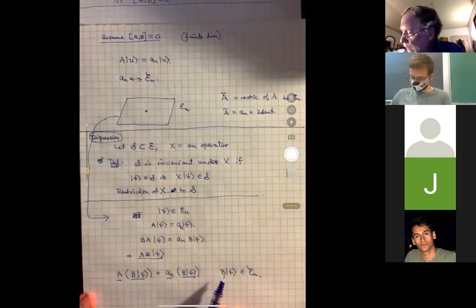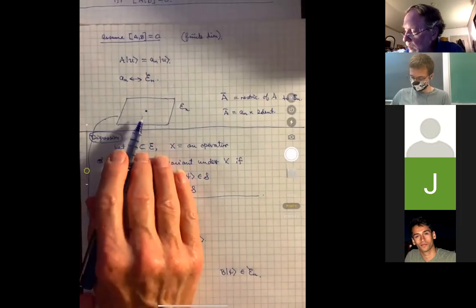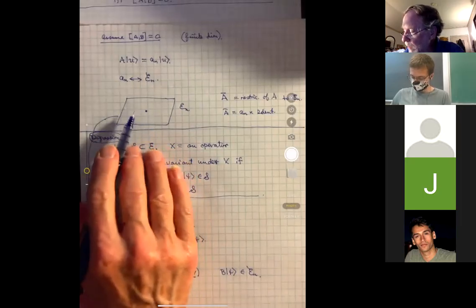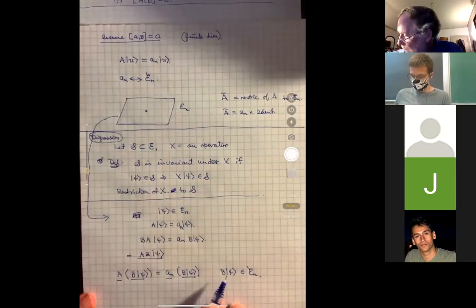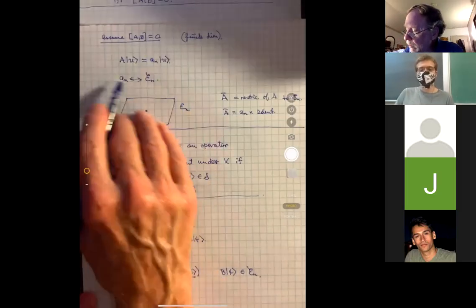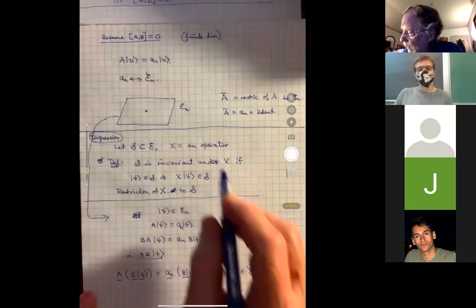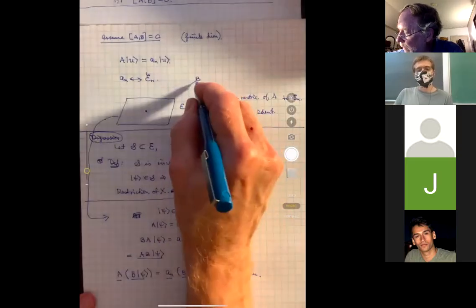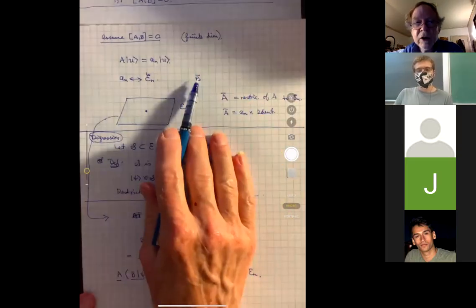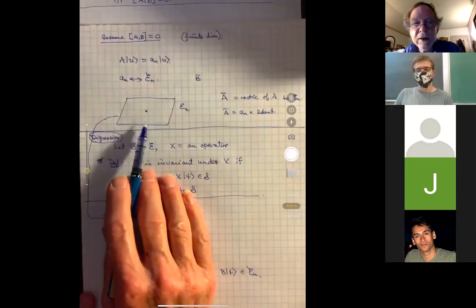Now the operator B restricted to En is not a constant like A was, because this is not an eigenspace of B. The operator B was a Hermitian operator in the large Hilbert space. So if I take B bar as the restriction of B to the subspace En, it's still a Hermitian operator in that space.